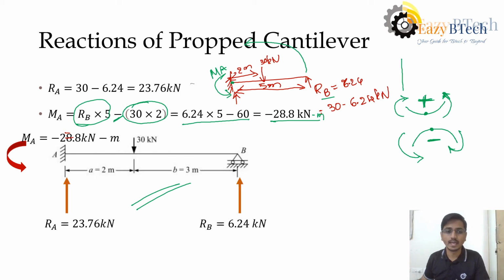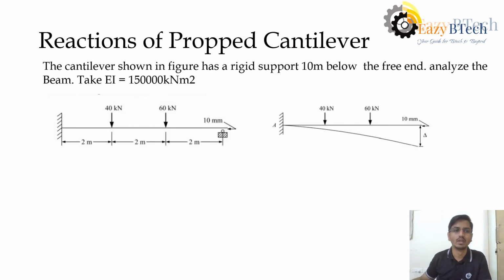Let us see another example with multiple loads. So this is a problem. Here they have given that the cantilever shown in the figure has a rigid support 10 mm below the free end. This is not meter, this is mm. So there is a fixed, or rigid, support which is 10 mm below.